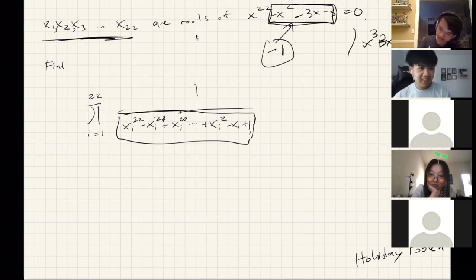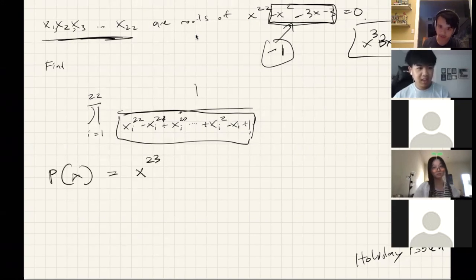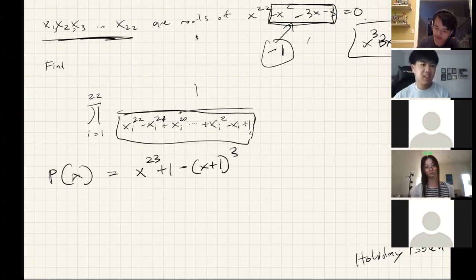This part. So I created a new polynomial, p of x equals x^23 plus 1 minus (x plus 1)^23, which is actually equal to this polynomial times x.